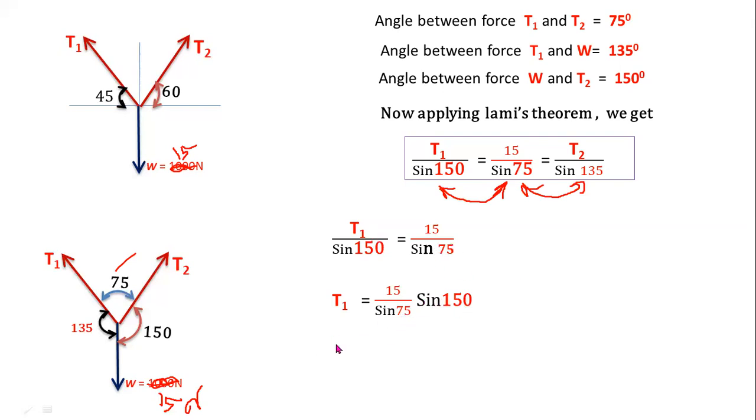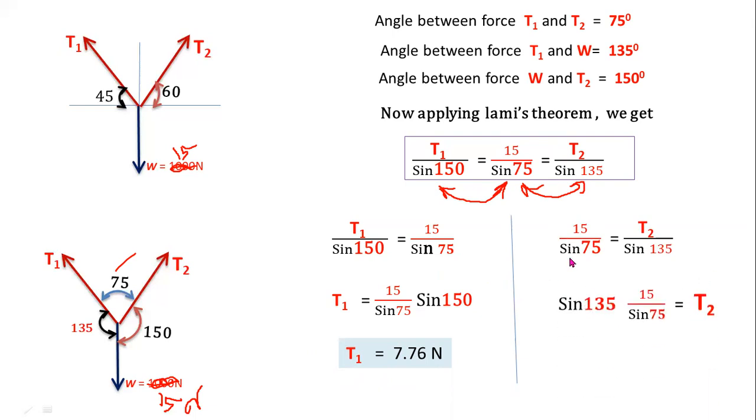From this equation, T1 equals 7.76 newtons. So the tension in the string T1 equals 7.76 newtons. In a similar way, apply cross multiplication: T2 equals 15 by sine 75 into sine 135. From this equation, the tension in the string T2 equals 10.98 newtons. So this is the final answer for this given problem.